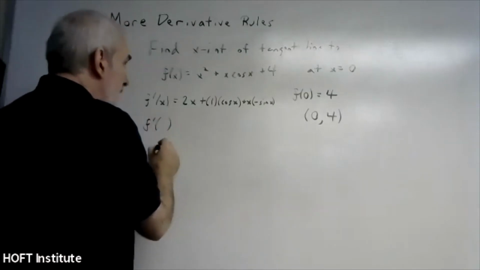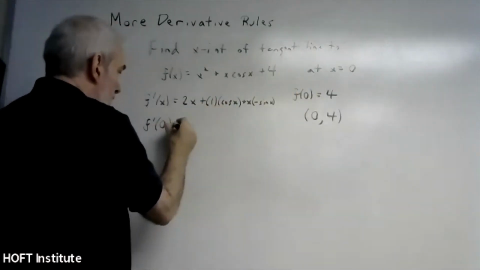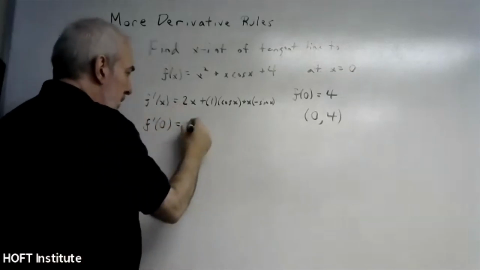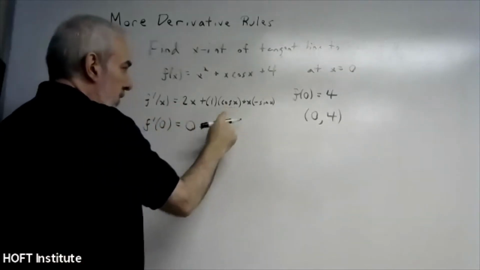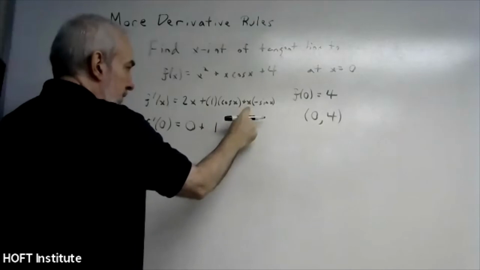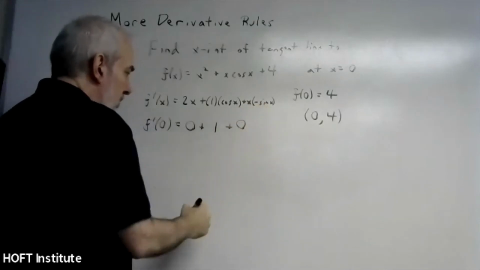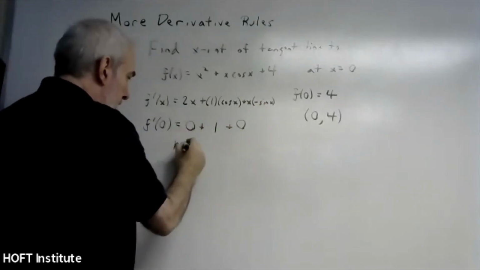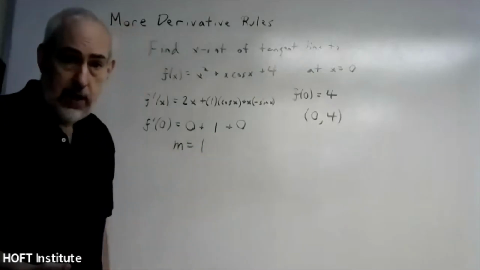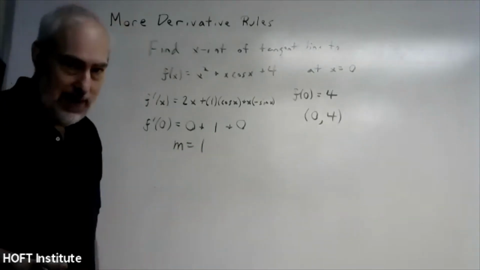Now we want to plug in 0, so the derivative at 0 is 0, cosine of 0 is 1, and that's 0 times 0, so that's just going to be 0, so we just get 1. And remember, the derivative is the slope of the tangent line.